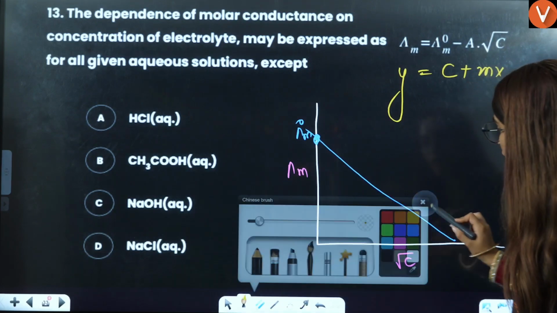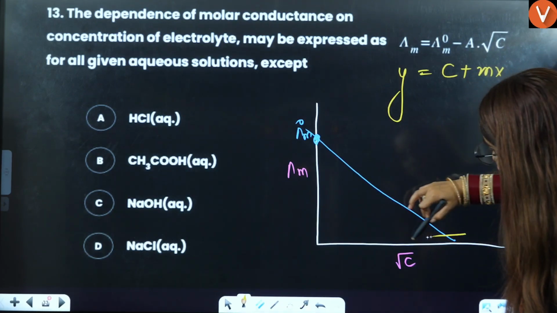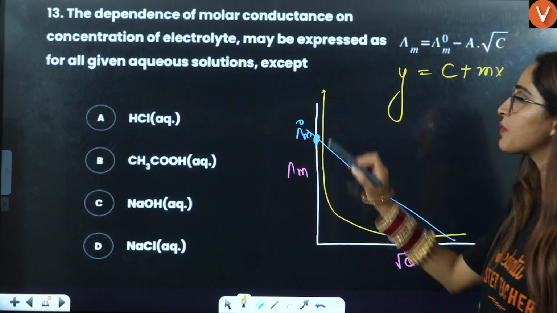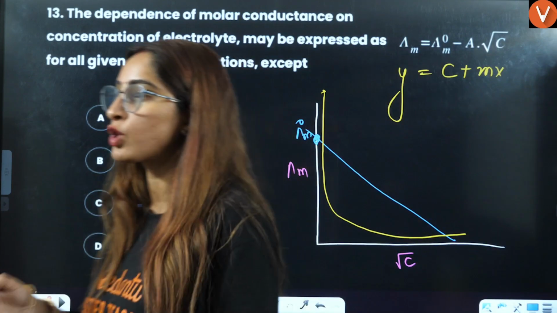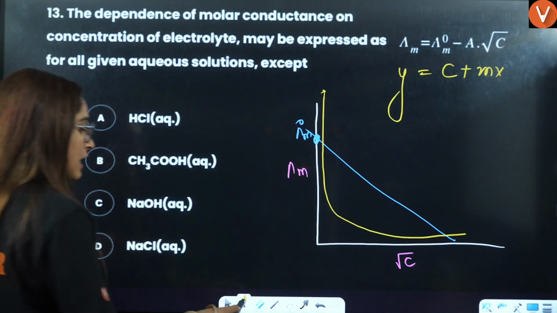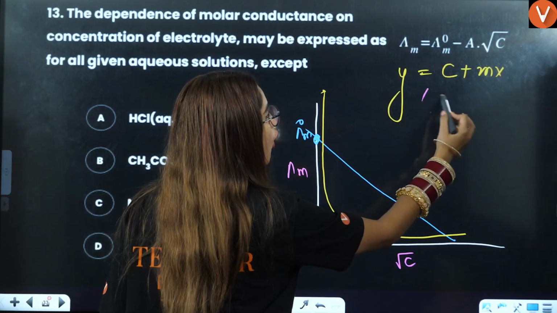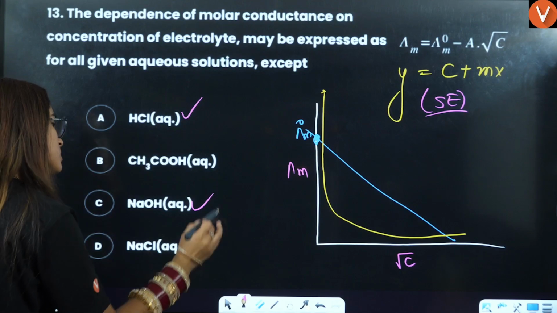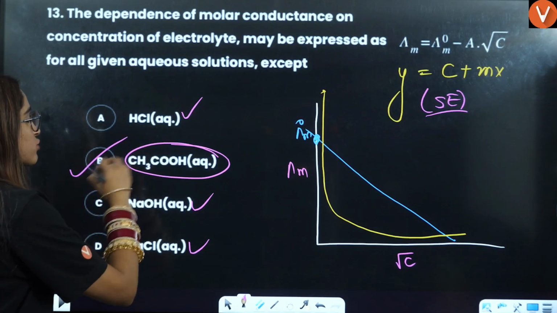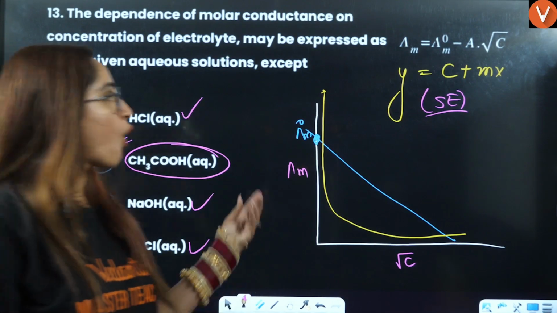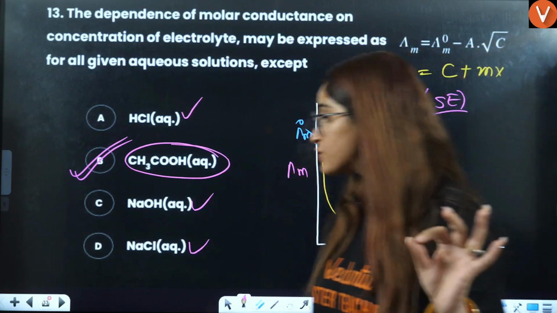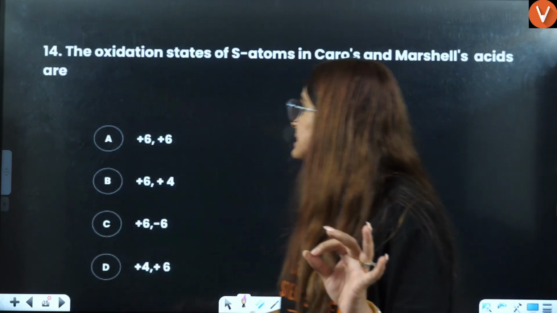But the graph of a weak electrolyte is going to be parallel to the y-axis. That is why we have to use Kohlrausch's law to find it. So this is a graph of a strong electrolyte. This is strong, this is strong, this is strong, this is not a strong electrolyte, this is a weak electrolyte. So all these will give this graph except for CH3COOH, which is a weak electrolyte.